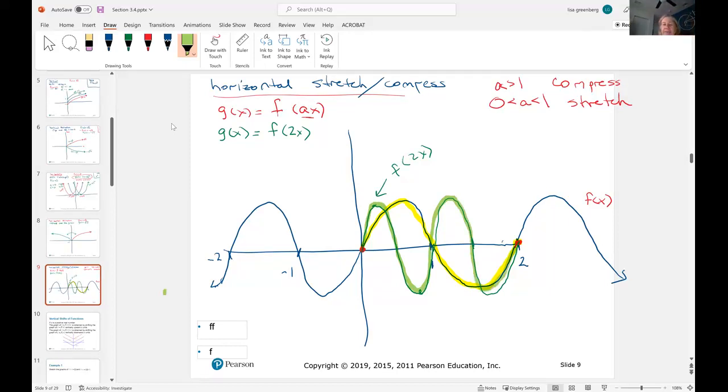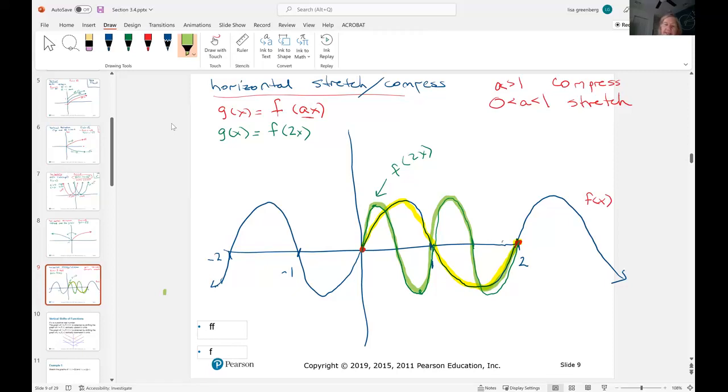So I have twice as many cycles in the same amount of space, which means that I've pushed it together. Another way to think about it, I'm not sure what's the best way for you to think about it, so I'll give you a couple of different examples. If this was some particle moving along this axis, then it's going twice as fast now, right?